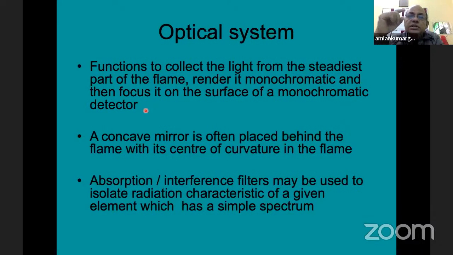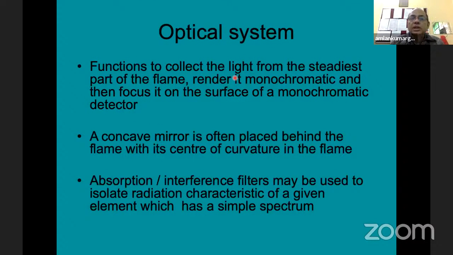In this disc you have different filters, for potassium, sodium, lithium, calcium. As you rotate this disc, colored glasses of different colors will come in between the flame and the detector. What will this colored glass do? It will allow light of only a particular wavelength to pass through it.